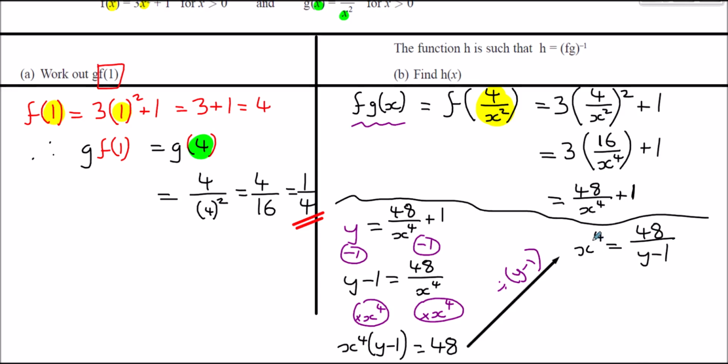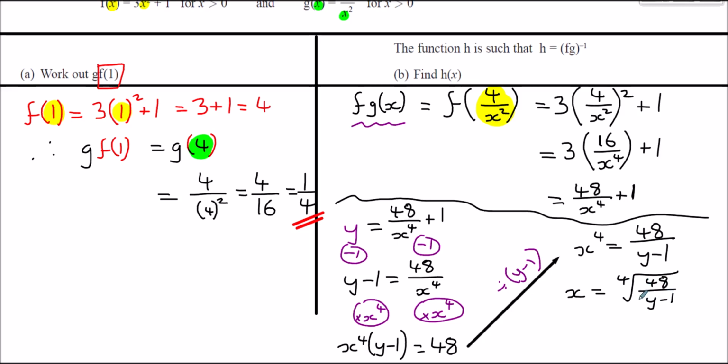So then, to go from x to the power 4 to just x, opposite of x squared would be the square root. Opposite of x cubed would be the cube root. Opposite of doing to the power 4 is to do the fourth root. So x is the fourth root of 48 over y minus 1.